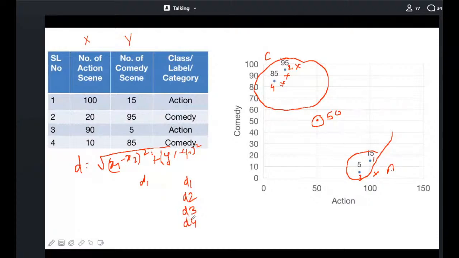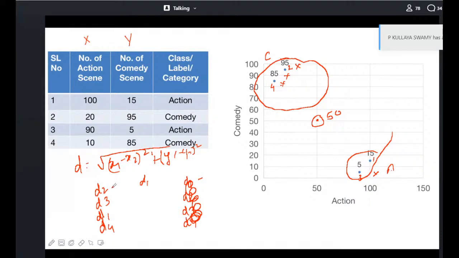Now, when we talk about these distances, you have d2, d3, d1, and d4.